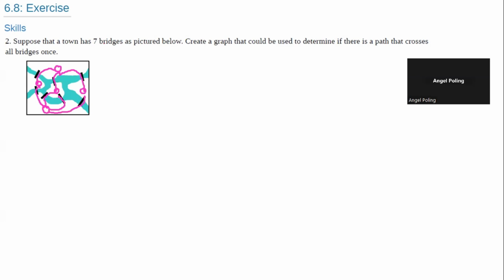So if we were to draw that on our own, we would have a vertex for island 1, then we have 3 middle islands, and then we have an island at the bottom. And then the edges were the bridges. So that top island could reach any of these islands through their own bridge.